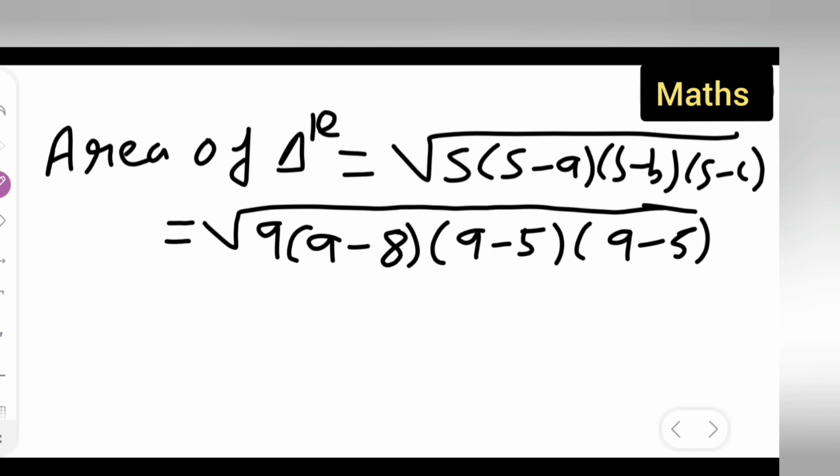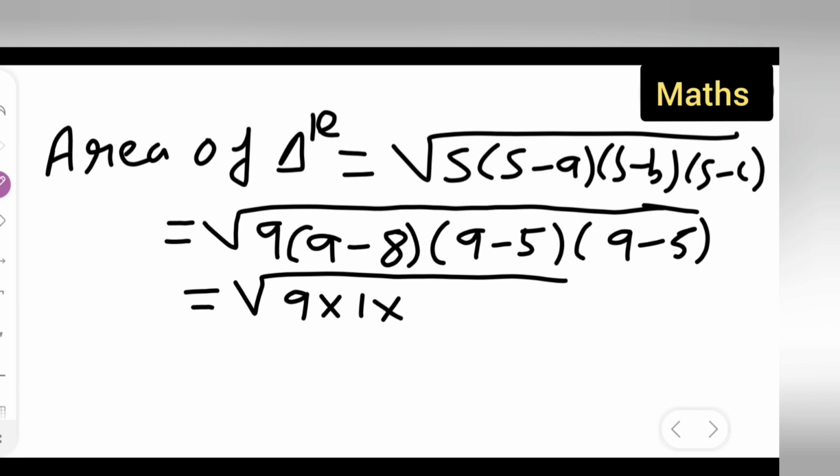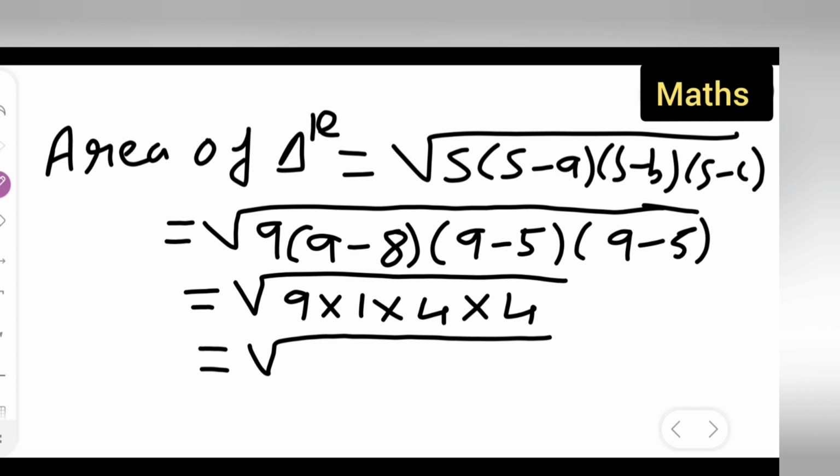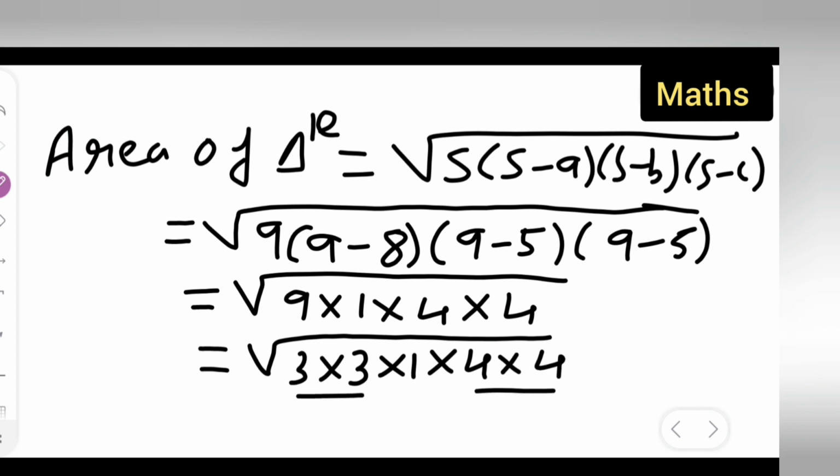So basically what we are going to get here, root of 9 multiplied by 1 multiplied by 4 multiplied by 4. Okay, so basically this 9 will be 3 multiplied by 3, 9 multiplied by 1 multiplied by 4 multiplied by 4. So obviously this 4 and this 3 I will take it out.